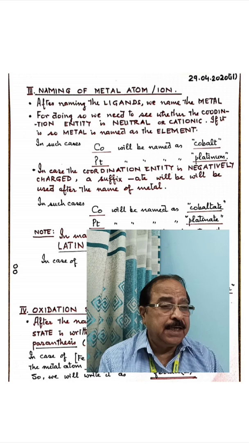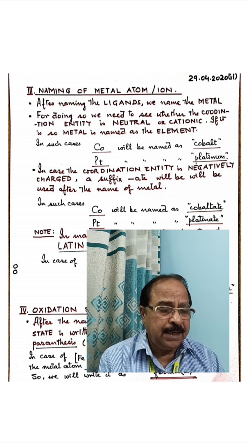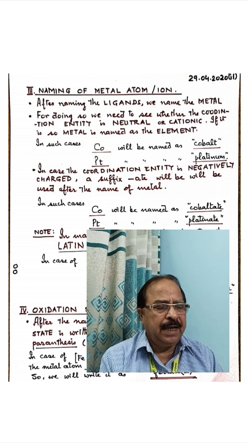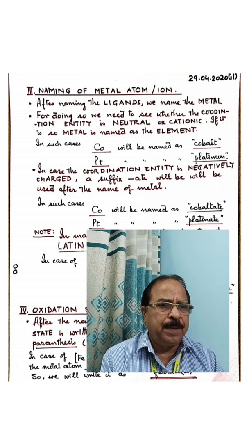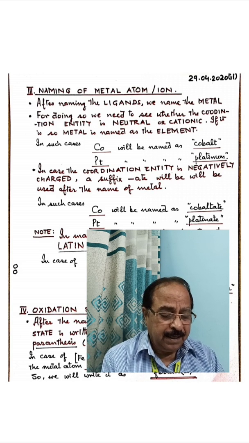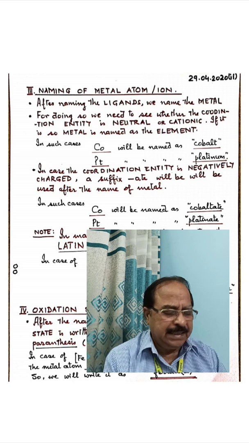When the coordination entity is neutral, it is not carrying any charge. When the coordination entity is carrying a positive charge, we will write the name of the metal as such. For example, if there is a cobalt atom, we will write it as cobalt after naming the ligands. If it is a platinum atom, we will write the word platinum after naming all the ligands.